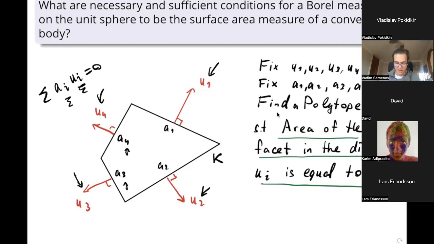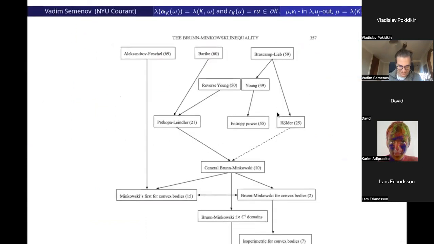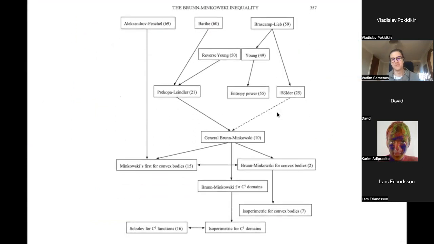Before I go into all the different variations of the Minkowski problem, let me mention probably another most important Minkowski result in convex geometry, which is the Brunn-Minkowski inequality.